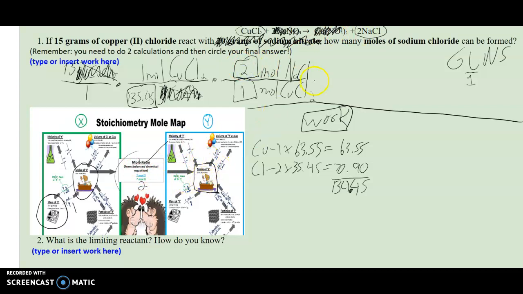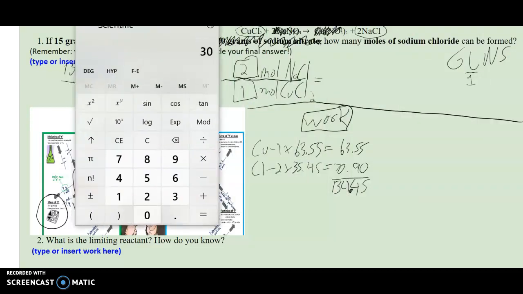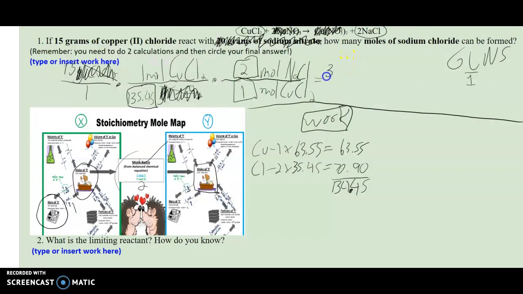I am here. I'm at my final destination. So now all I need to do is some math. So 15 times 2, I know that's 30, but let's just double check so you can see the process. 30, so I'm going to go ahead and write down 30. Oops, forgot to cross out my units.